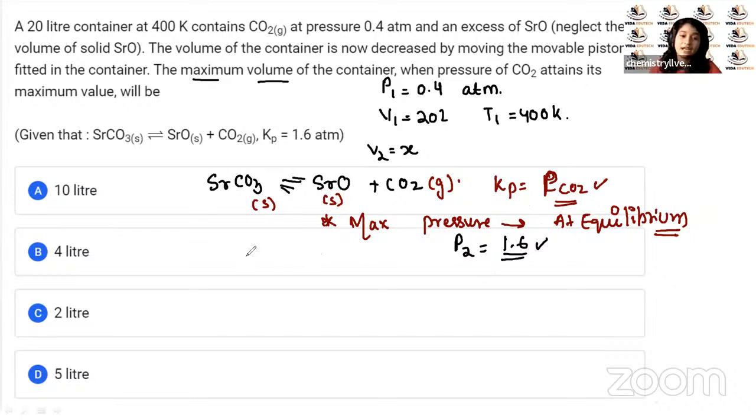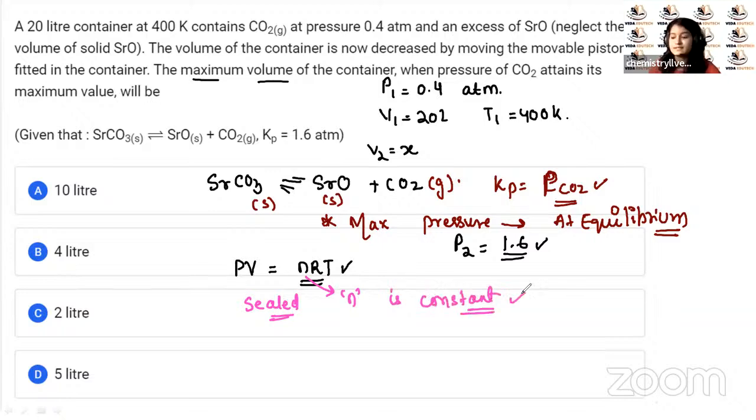Yes or no, children? Now we know from the equation that PV is equal to nRT. Initially, the things were not at equilibrium, and also the container was sealed, right? So one thing we got from here is that n is constant.